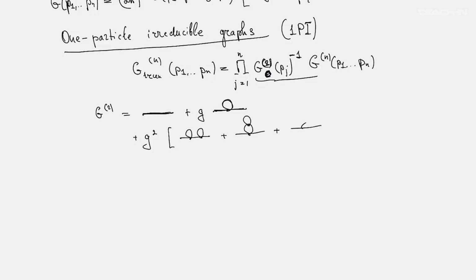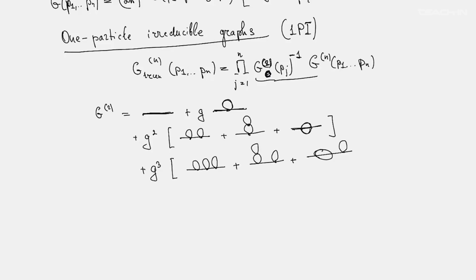And now let me, without proof, show order g cubed. So you can see how it will go for g cubed. I will get here 3. Here I can get things like this, and things like this here and here. Propagator, there could be more things like this.